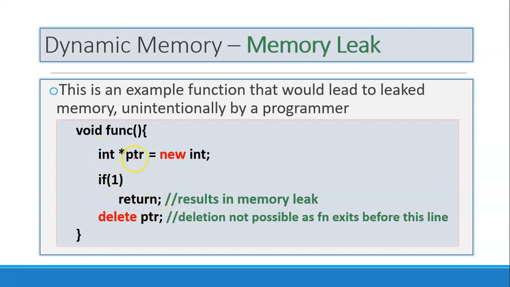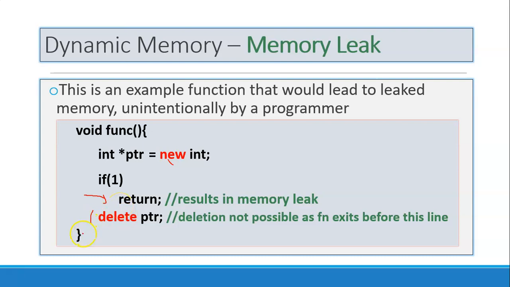So here we have a memory allocated, and if true, return. This statement down here will not be executed in this case. Our program will be exiting at this point. So the memory that has been created here is not deleted, because the statement is beyond that.